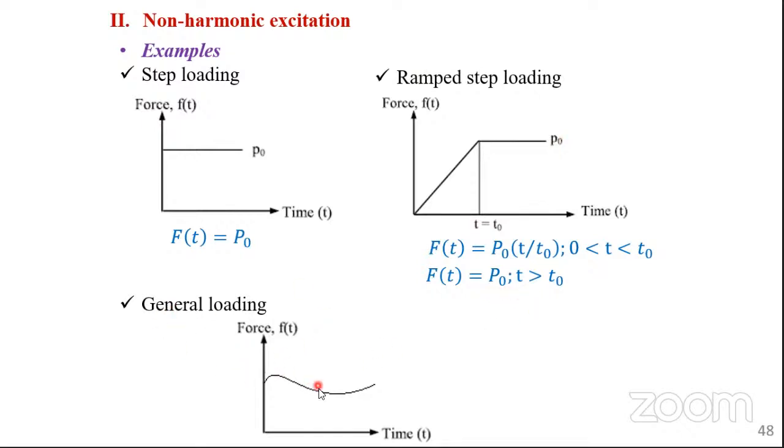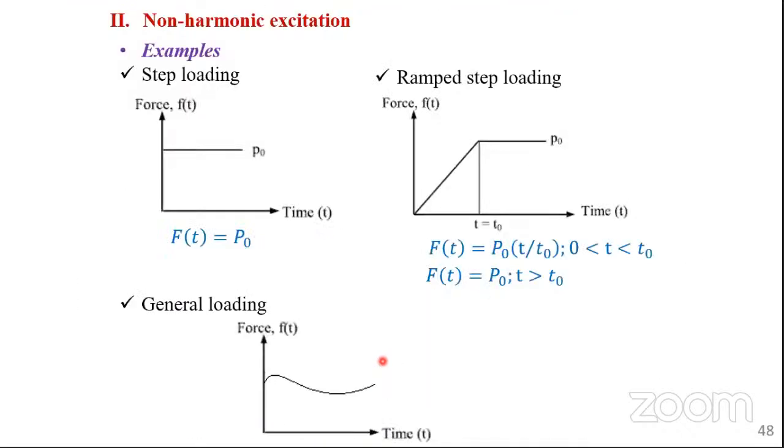The general case loading we are talking about here is when you have a curve that is not sinusoidal. Remember the case when we used the trapezoidal rule or Simpson's rule to calculate the area. That's when we had a general kind of curve that might not be expressed using an analytical function, but still is a function of time. Okay.